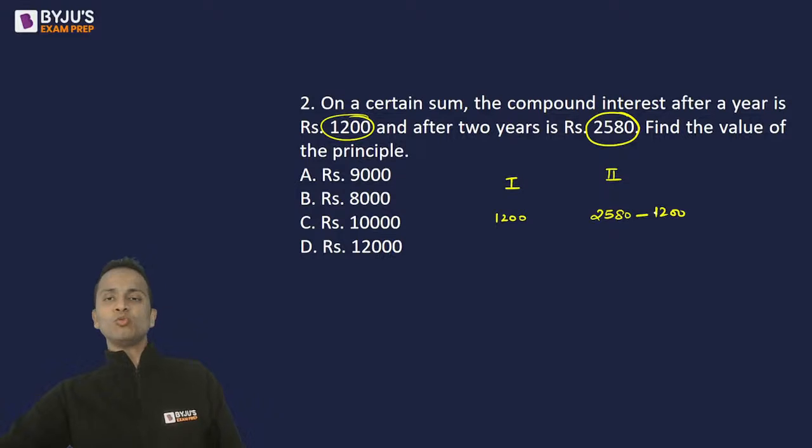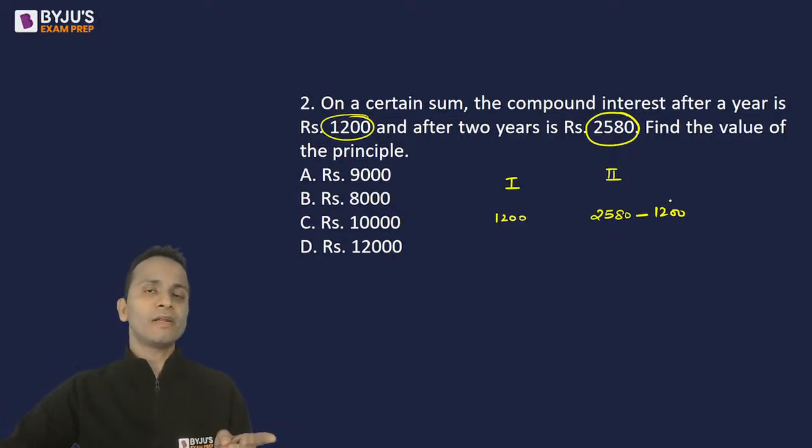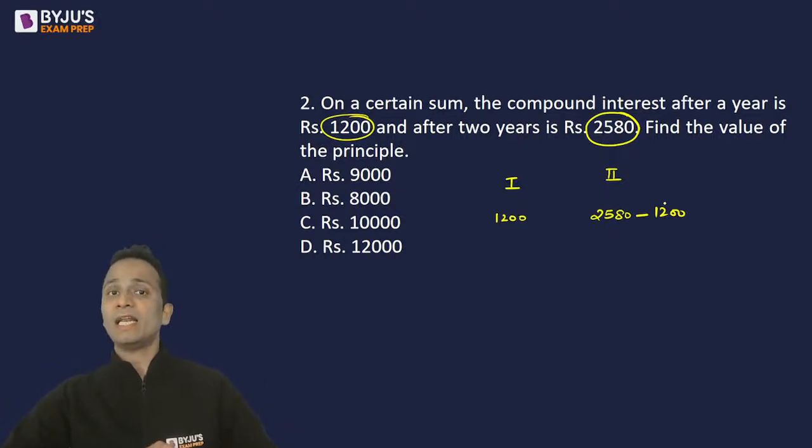Because 2580 is the compound interest for the first 2 years, from that if I remove the compound interest of the first year, I'll get the compound interest for the second year. So this comes out to be 1380.